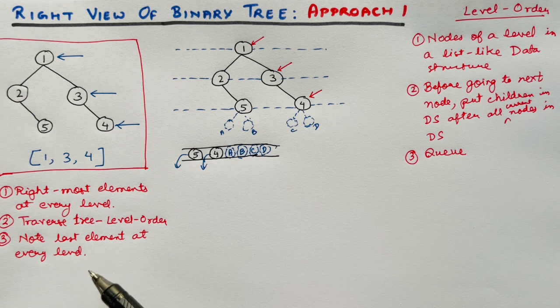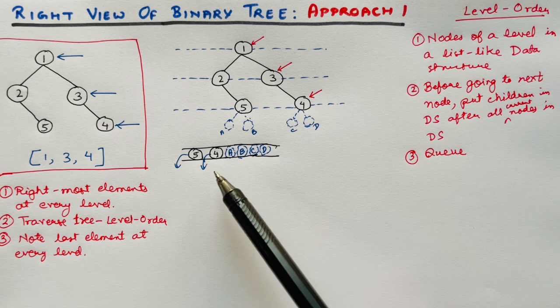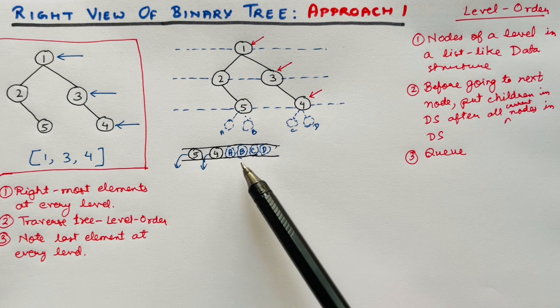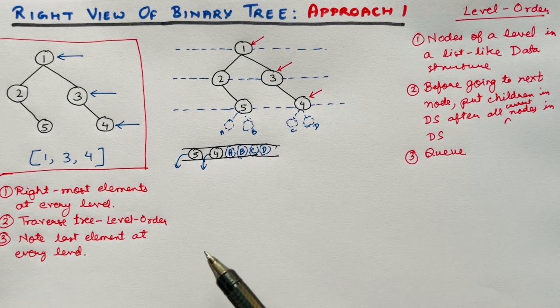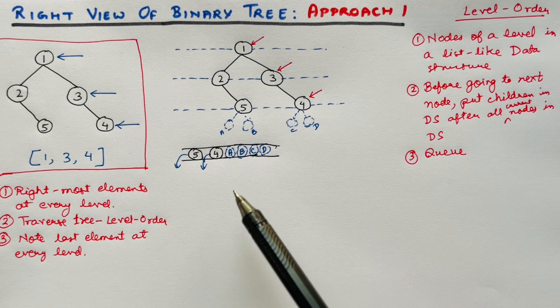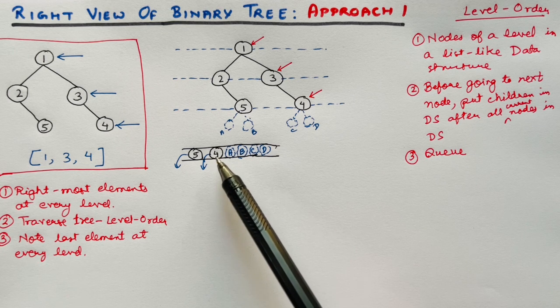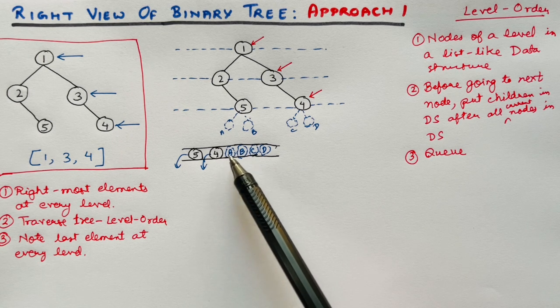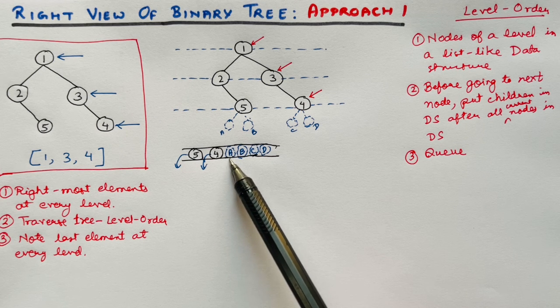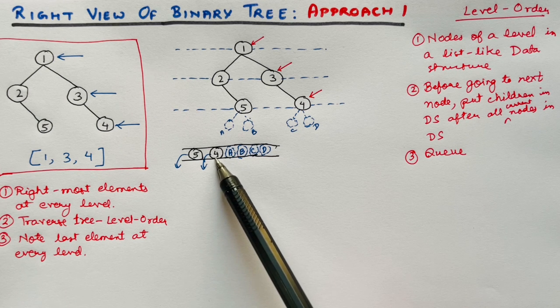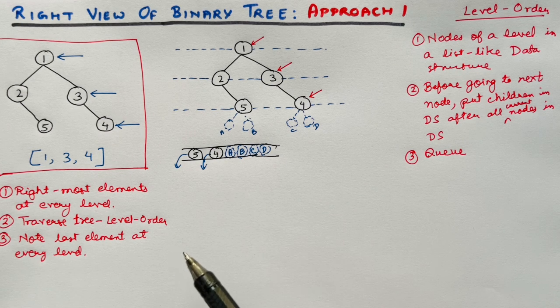We have to note the last element at every level. Now how do we know what is the last element at every level when we are dealing with this queue? We can only know this when we compare the levels of the two elements. And if we see that, hey, its level is greater than the level of our current element, that means this is our element that should be part of our answer.